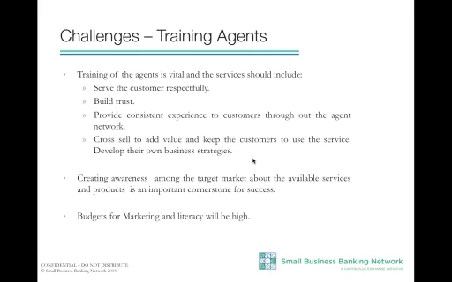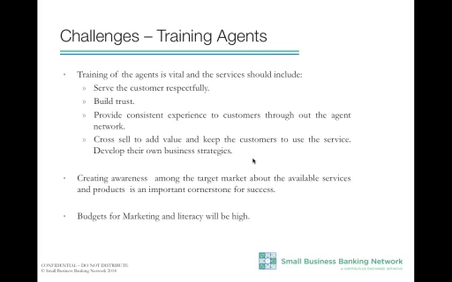Training agents, this is a huge area. I have seen agents dropping off rather than signing up in some markets. There are lots of reasons. Agents are not going to stay agents if there are not enough transactions, and if the agent can't use that model to do other transactions or to be profitable or to make money.